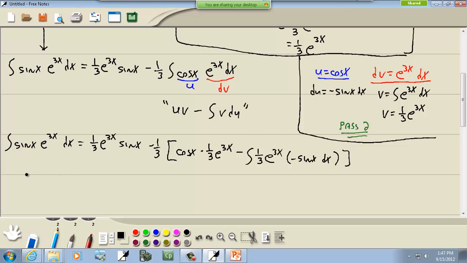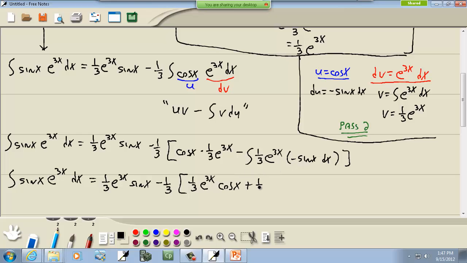Now I'll rearrange: 1/3 e to the 3x cosine x. I'll take the 1/3 out in front and the negative out in front. So negative negative becomes positive 1/3, and the integral, with the sine x and the e to the 3x next, dx.